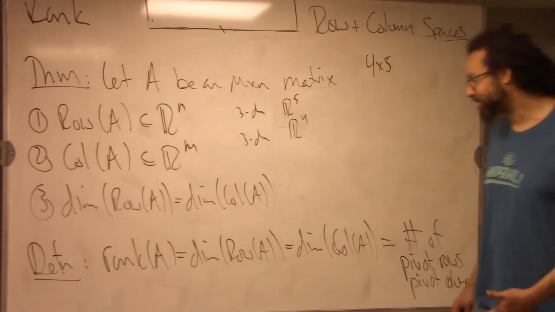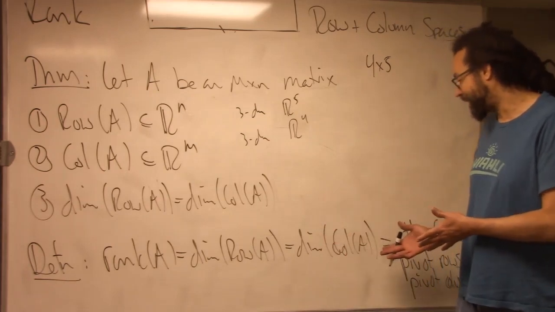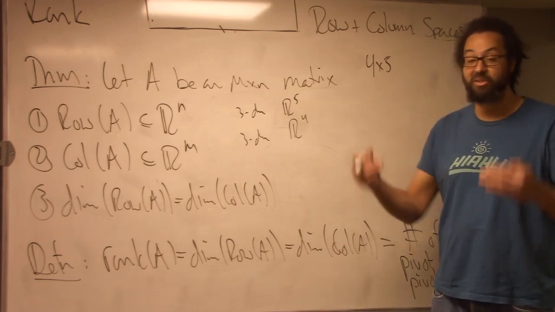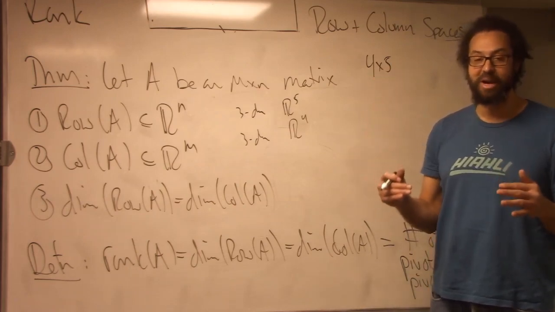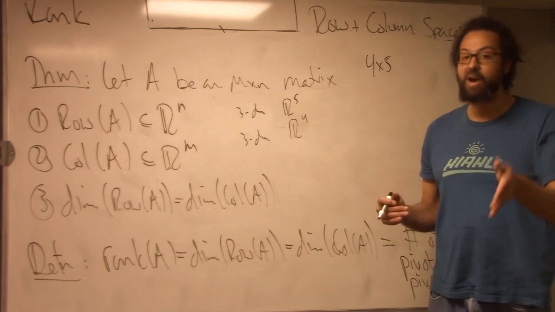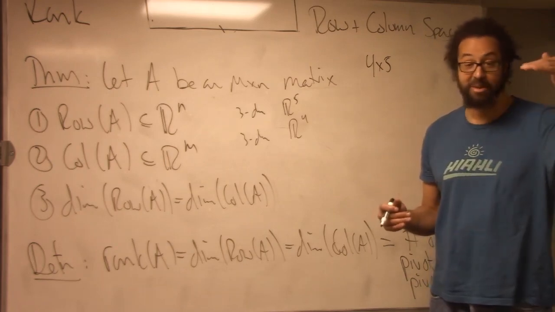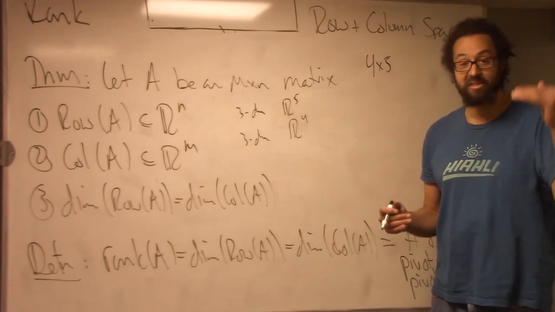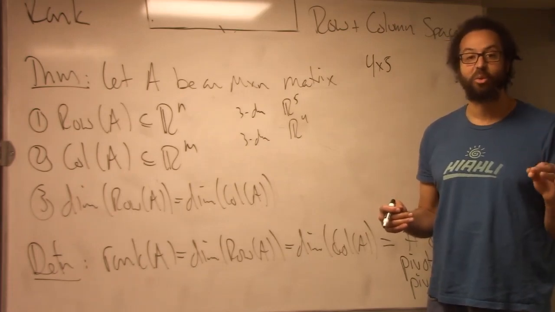So in this case, to find the dimension of the row space or the dimension of the column space, just put the matrix in reduced row echelon form and then count the number of pivot columns, which is the same thing as the number of pivot rows, which is the same thing as the number of non-zero rows.